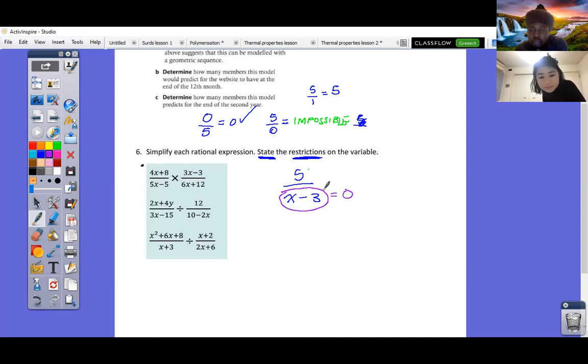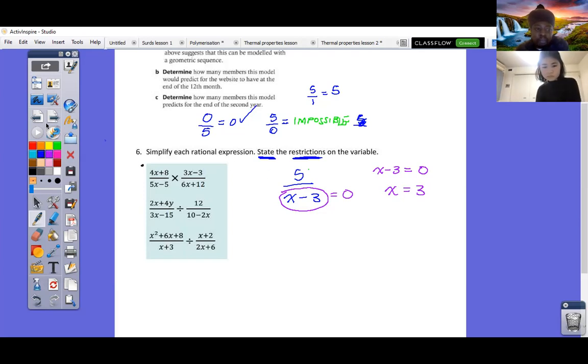We cannot let this denominator, the bottom part, ever equal 0, because then I'm going to have that situation of 5 over 0, which is impossible. So the restriction I need to place on this is that x minus 3 cannot be equal to 0. Therefore, x must not be 3.